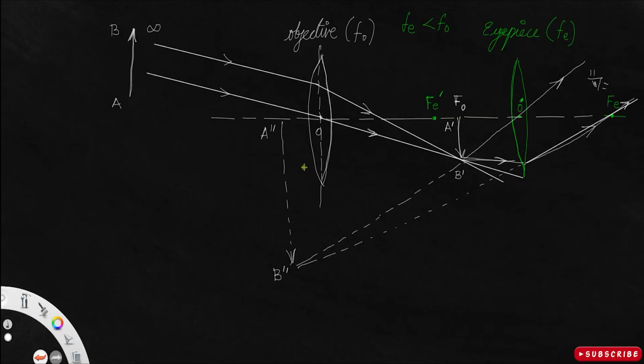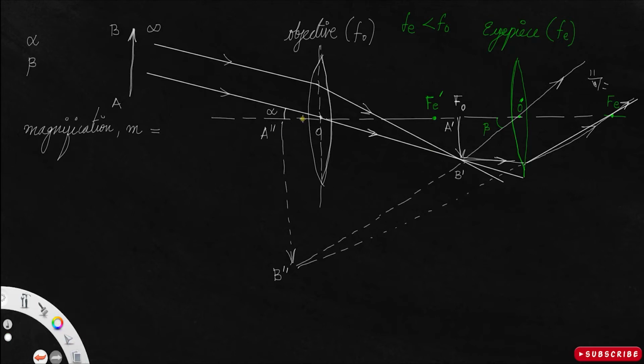Now we need to find the magnification. By definition, magnification M is equal to, before that I have to define two angles, alpha and beta. The angle made by this object at the objective, we call alpha, and the angle made by the final image, A double dash B double dash, at the eyepiece, we call beta.